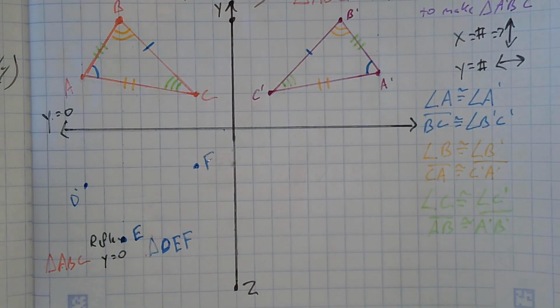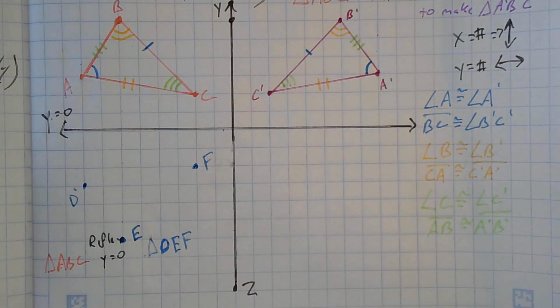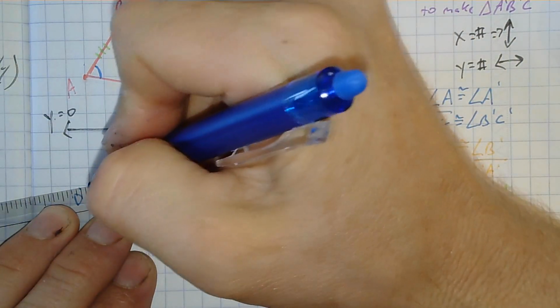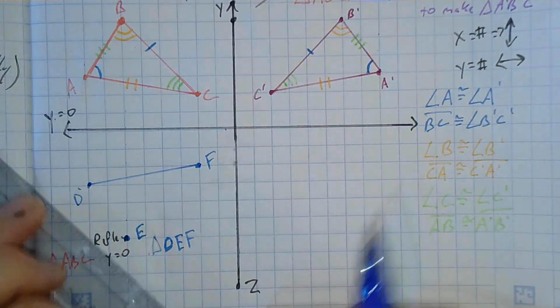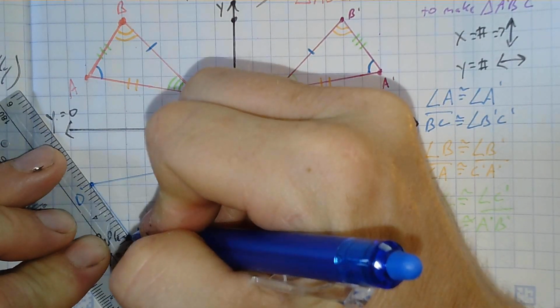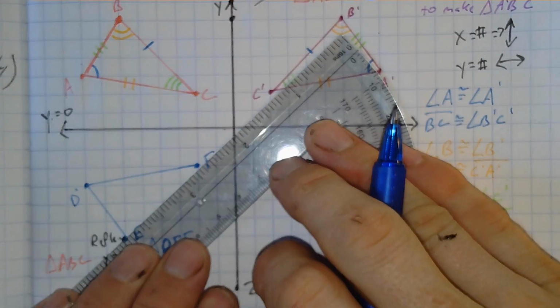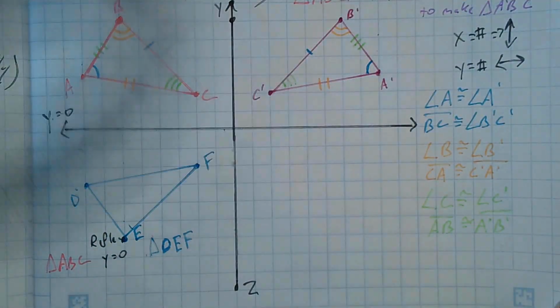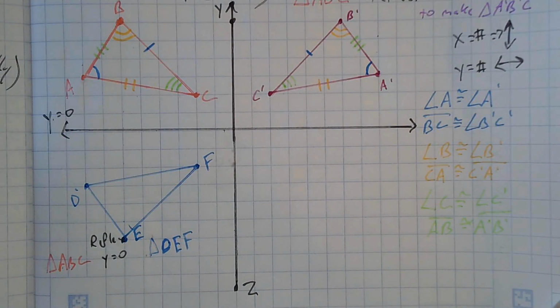Okay, so now I connect all those lines like this. It's a little messy because I didn't give myself enough gap on the bottom, but I think you can still get the point. And there you go. There's a reflection across a horizontal line.